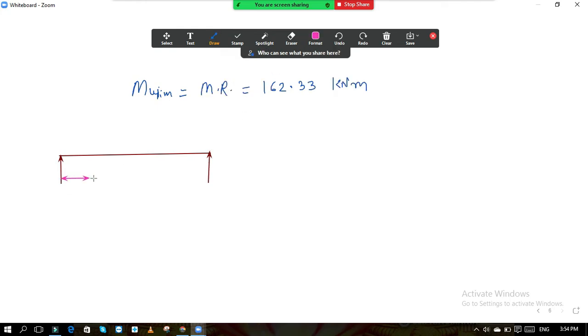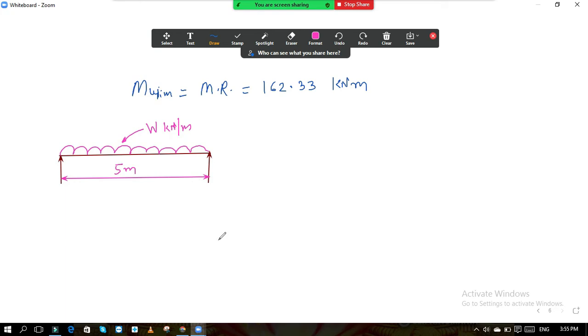This span is given to us as 5 meter, and we need to calculate the UDL. Let W be the UDL which is acting on the beam. Let the UDL be W kilonewton per meter. This is the UDL.